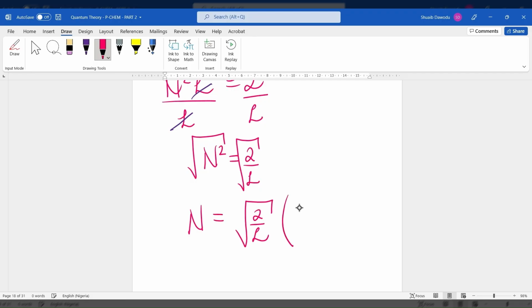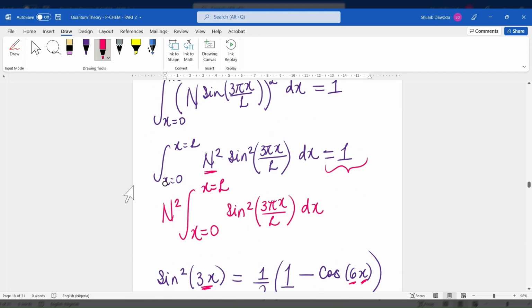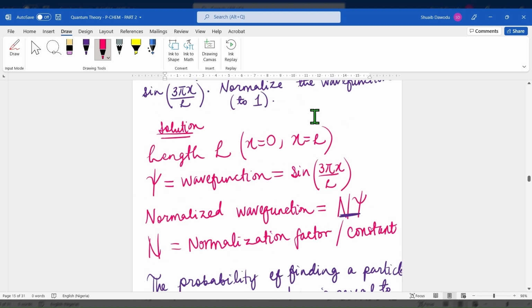So the normalization factor, or the normalization constant, whatever you want to call it, depending on whatever textbook you're using, or however your professor calls it, is going to equal the square root of 2 over L. And that is basically part of the answer to this question. Now, they've told us to normalize it to 1. Well, our work is still not done because they told us to normalize the wave function.